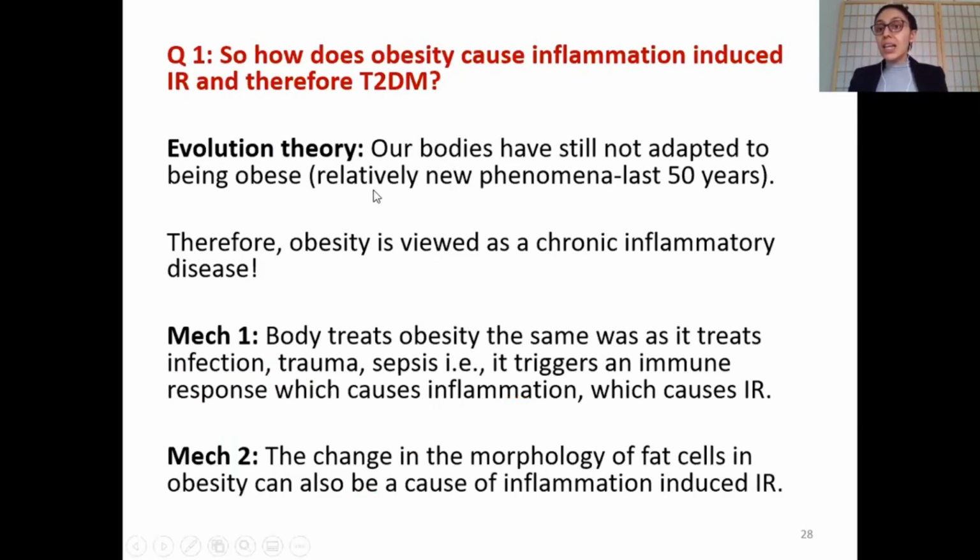Because obesity is still a new phenomenon in terms of human evolution. All right. So we were not born to be fat. Or when we were born, we were not fat. So human beings being obese is still a new phenomenon from an evolutionary point of view. Your body is still not adapted to the concept of being fat. And now I'm using very colloquial terms just so that it becomes easier for you to grasp the concept.